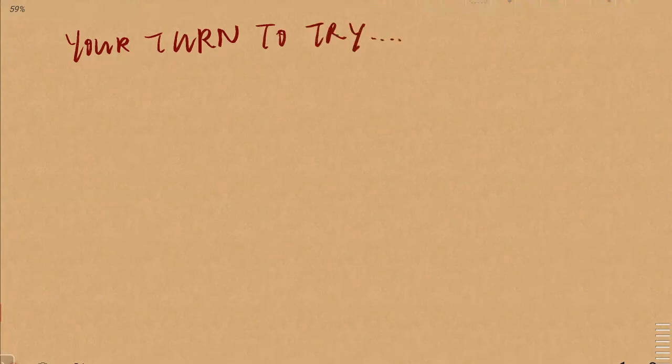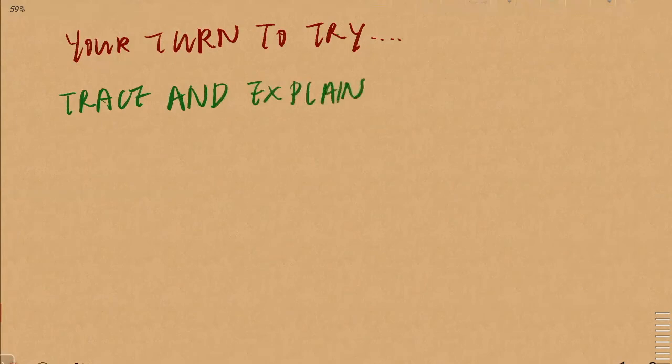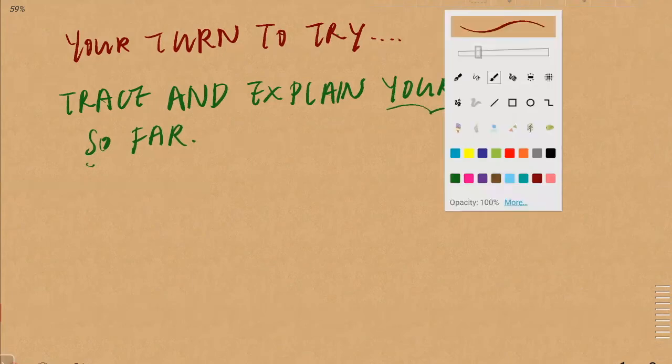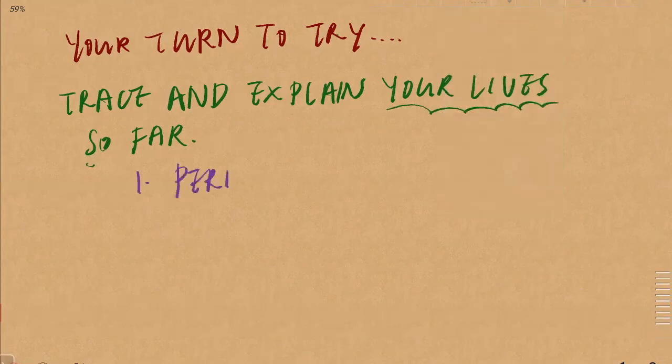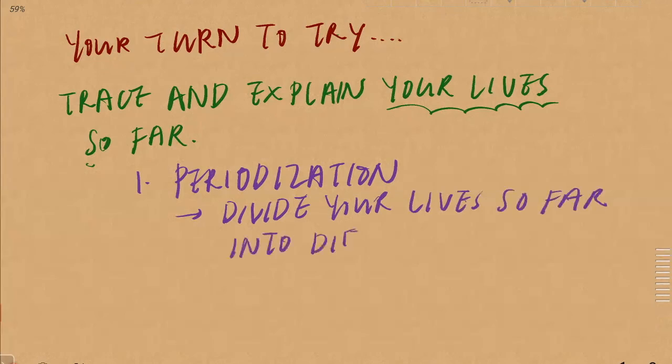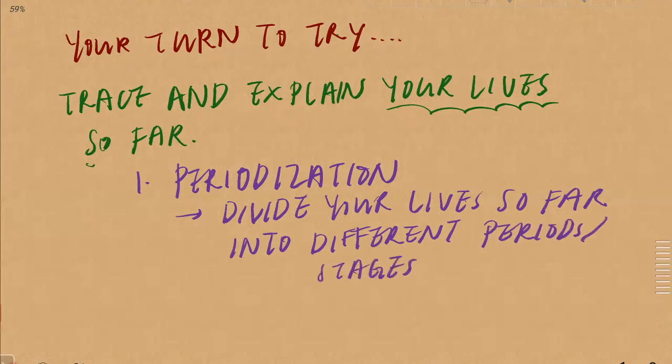But this time we will try a much easier version, which is to trace and explain your short life so far. Most of you are still 15 or 16 years old, so you only need to trace and explain 15 or 16 years of your life so far. For this task, you'll need to go through periodization and divide your life into different periods, for example, your kindergarten life, your primary school life, and then your secondary school life.